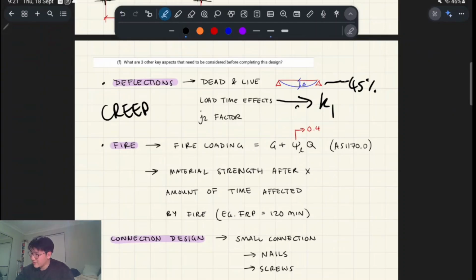That 45% is approximate, but we'll talk about that next lesson. So that's one. And then 2 is deflection, so it'll deflect more over time. As well as its actual strength and capacity, it's also going to deflect more over time, which you don't really see creeping happening in steel, for example.